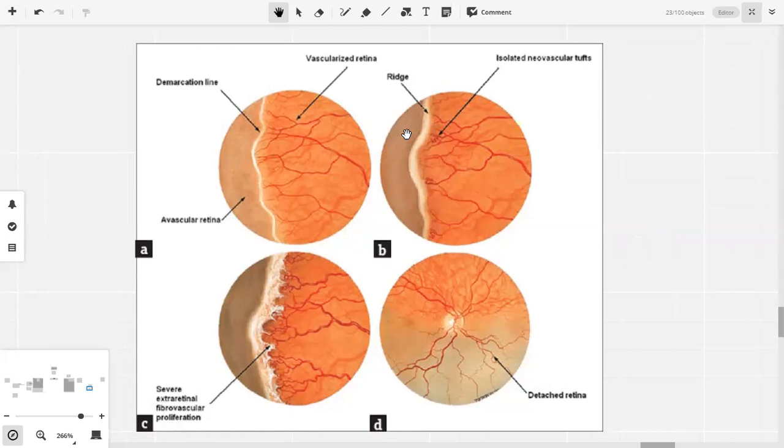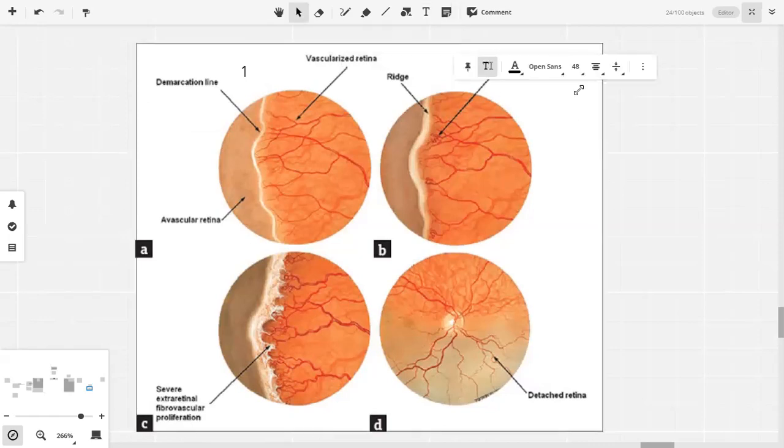A small demarcation line between the avascular retina and the vascularized retina. This is which stage of ROP? First stage, right? This is stage 1 of retinopathy of prematurity. So in stage 1, there is just a demarcation line.